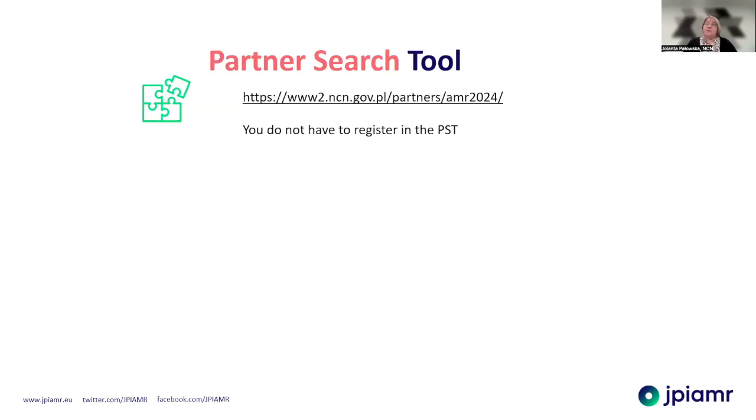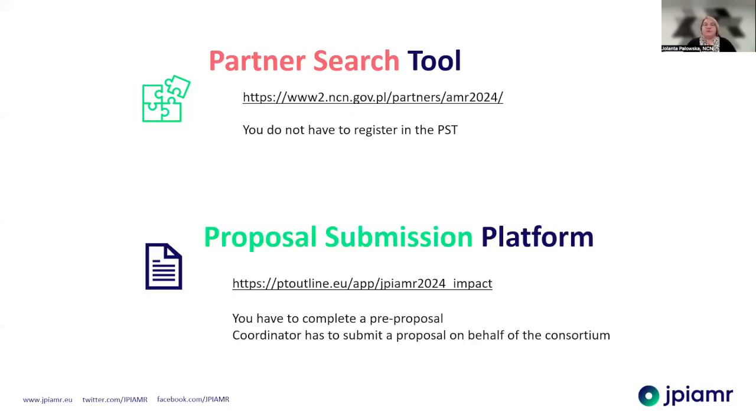One more very important note at the very end of this presentation is that the partner search tool is not a mandatory element of your application process. You do not have to register in the partner search tool. This is completely separate from the proposal submission platform.